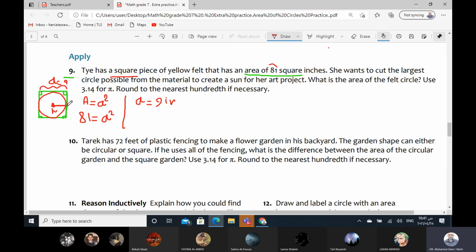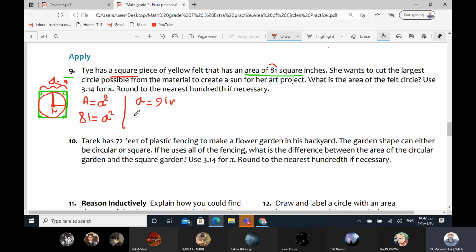As you see here, the circle equal the half of the side. The circle, sorry, the radius equal half of the side of the square.